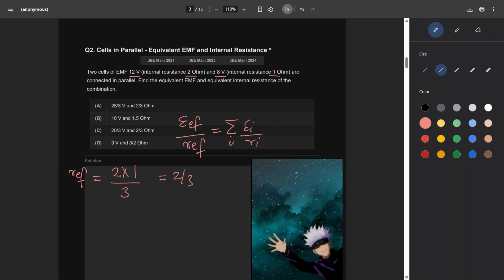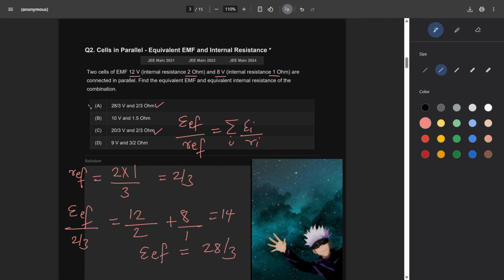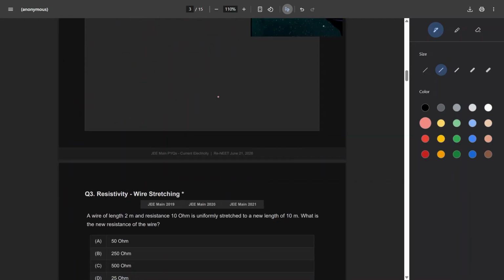That's 2 by 3. So we have this option and this option. And for E effective by R effective, we have 12 by 2 plus 8 by 1. We have 14 here. Let's multiply. And हमें मिल रहा है 28 upon 3. So first option. You should remember this formula. ये concept किसी और जगह भी यूज हो सकता है. You can just remember this.